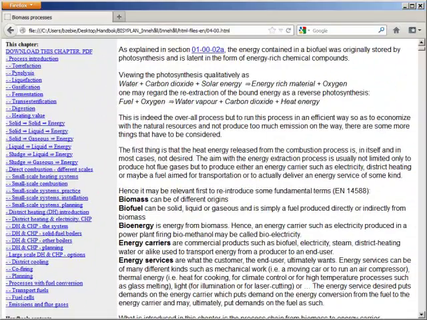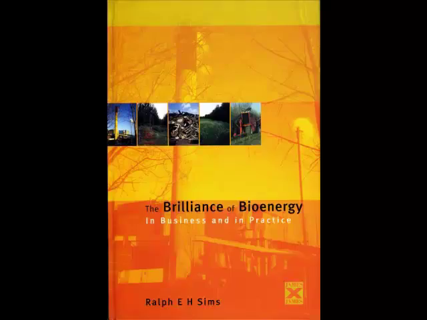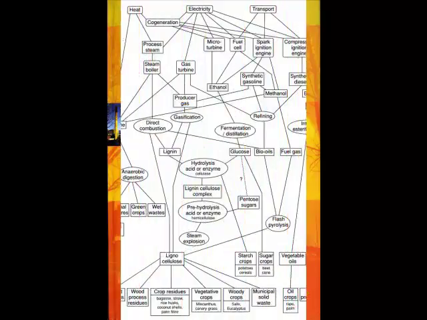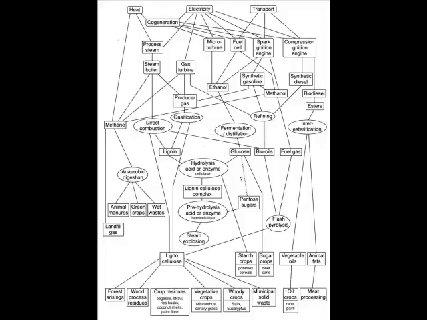You will be able to find this described in different ways in different textbooks, like for example in the book by Ralph Sims, The Brilliance of Bioenergy in Business and in Practice, which was printed in 2002. On page 11 you will find this diagram where you will recognize the different terms that we have introduced previously.